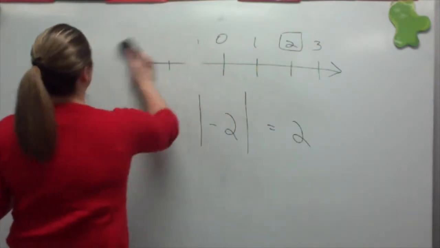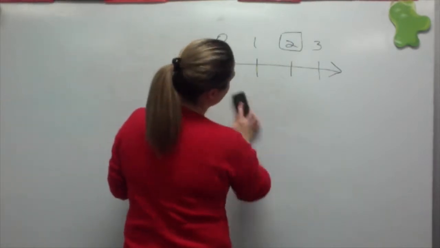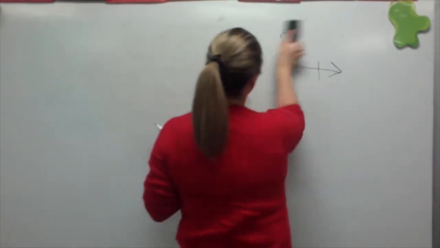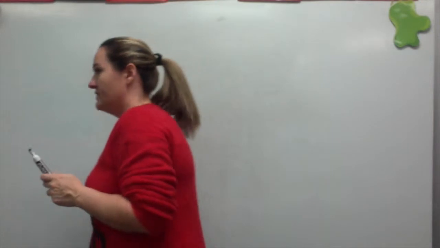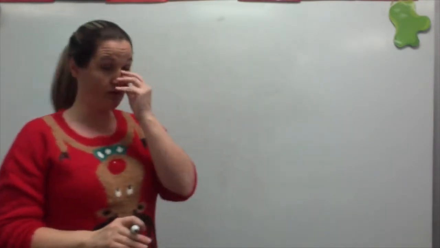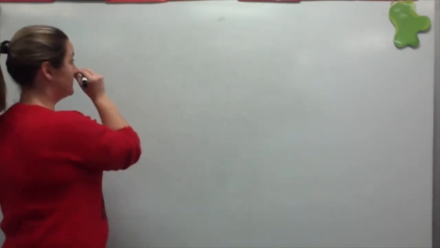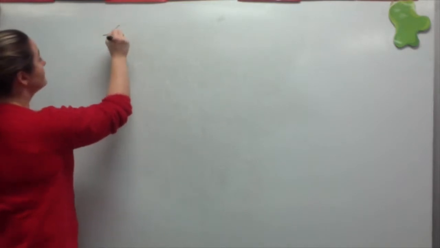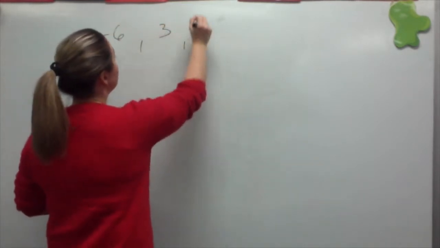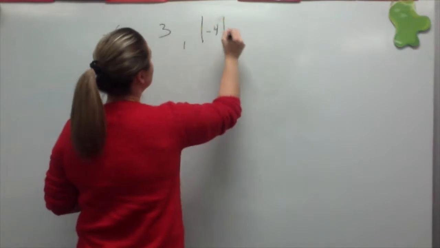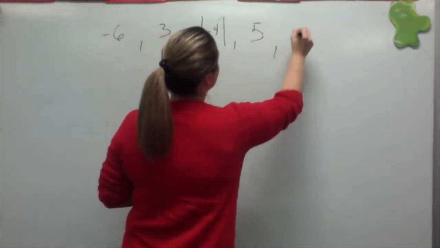So we're going to talk about ordering and comparing integers. That's a combination of positive, negative, absolute values, everything. I'm just going to write some numbers. Let's do -6, 3, absolute value of -4, 5.